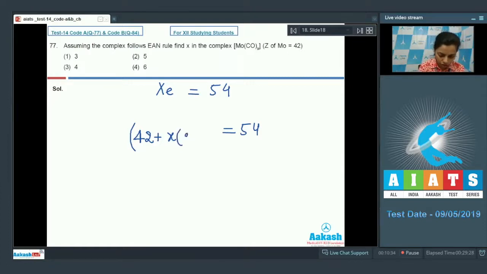So I'm just writing here 2X, that is equal to 54. If you solve this, you will find that 2X is equal to 54 minus 42, that is 12, so X is 12 divided by 2, 6. 6 is the value of X. That's why option 4 becomes the correct answer for my question.